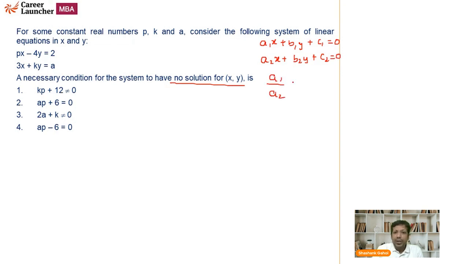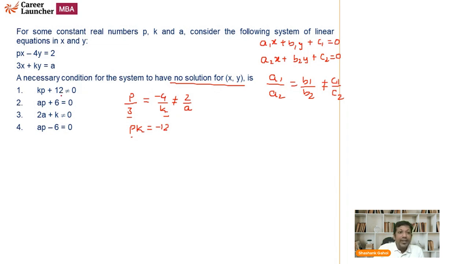That is a1 upon a2 is equal to b1 upon b2, and that's not equal to c1 upon c2. So here I can say that p upon 3 is equal to minus 4 upon k, and that's not equal to 2 upon a. I'm just taking this and this. So this tells me pk is equal to minus 12. So pk plus 12 is equal to 0.